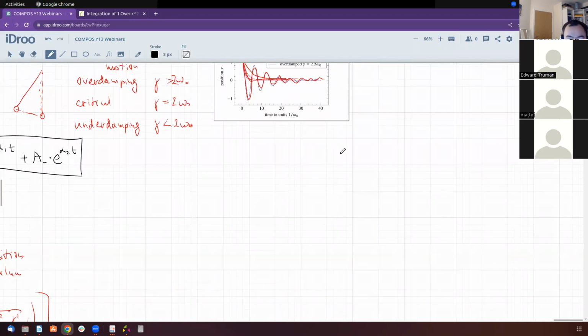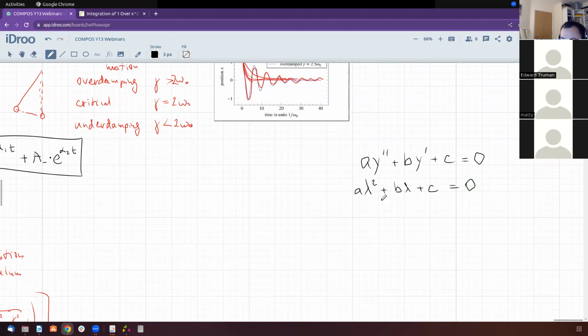Okay, if you have an equation y double prime plus b y prime plus c equals 0, that's a differential equation of second order. You have the characteristic equation lambda squared plus b lambda plus c equals 0.